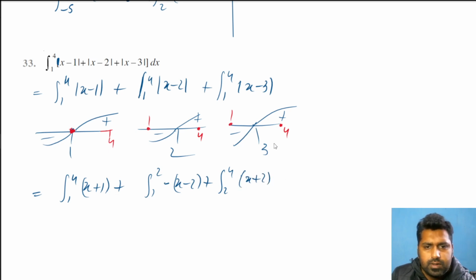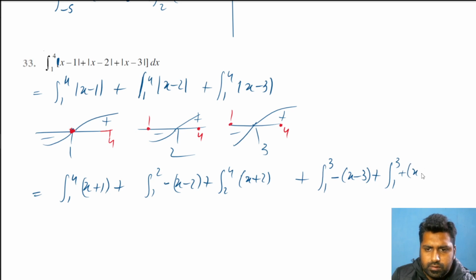Okay. Similarly, the third integration will break in two parts, 1 to 3 with the negative sign, and with positive sign, okay, positive sign means don't put anything. So 1 2 3 and 3 to 4.